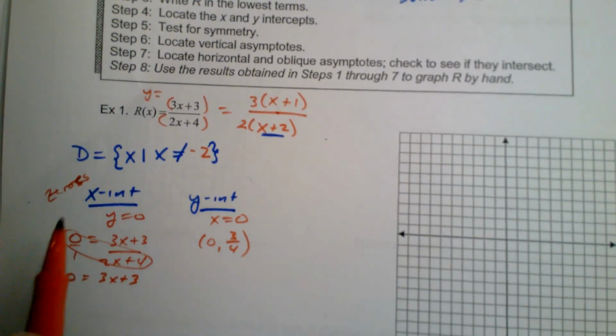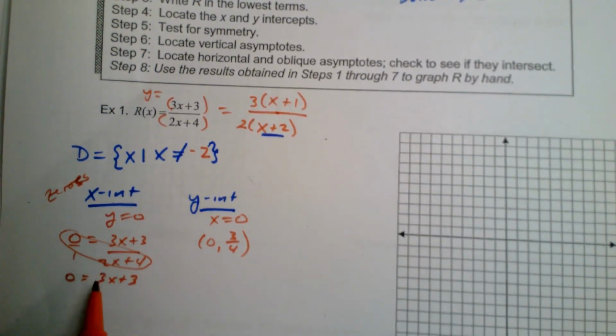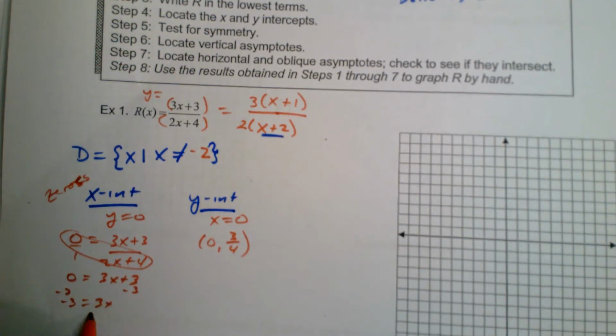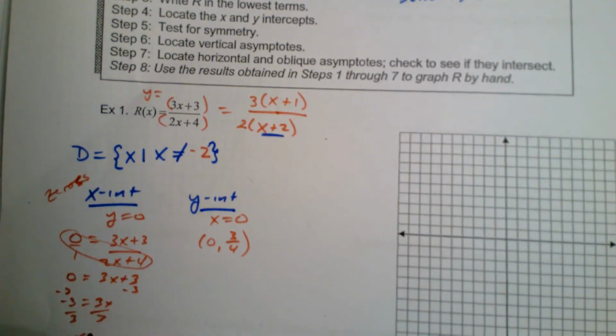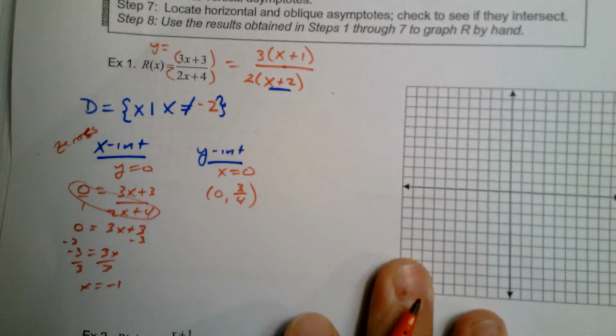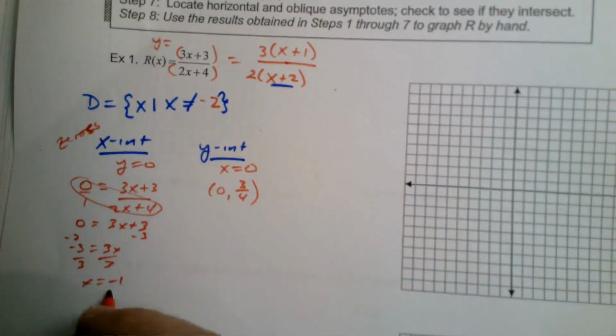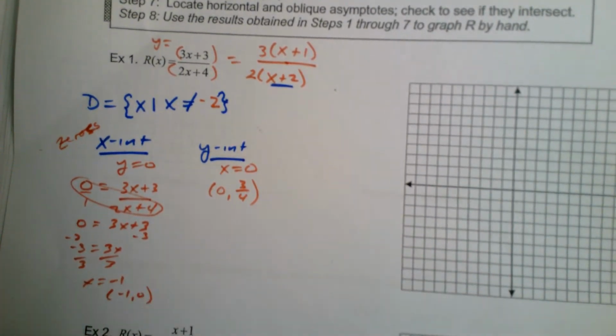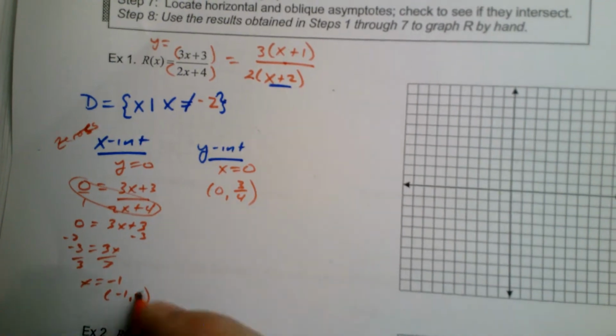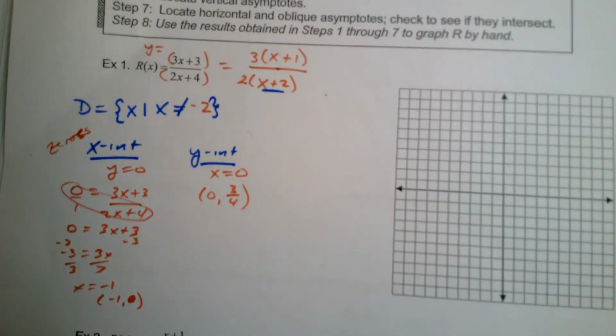So always remember, just set your top equal to 0 and then solve it. You would subtract 3, -3 equals 3x, and then divide by 3. You get -1. So the x-intercept that I get is -1, 0. Or your 0 of your function.